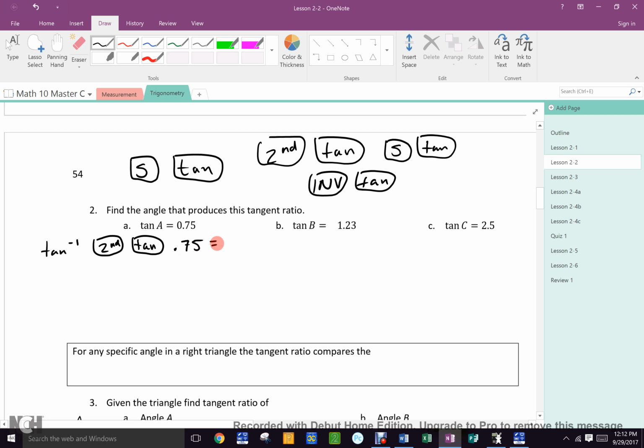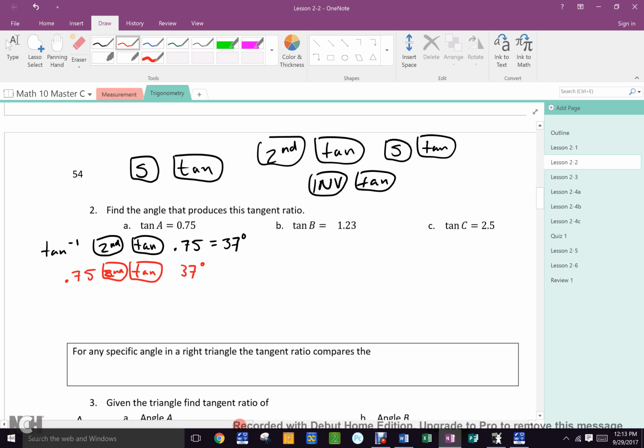So we don't use decimals. So we're going to round that off to 37. Cool? Now, if you have a backwards calculator, it is reversed. You will hit 0.75, second, tan. And you will not have to hit equals, but your calculator will show you 37 degrees. Can everybody do that? Yes.